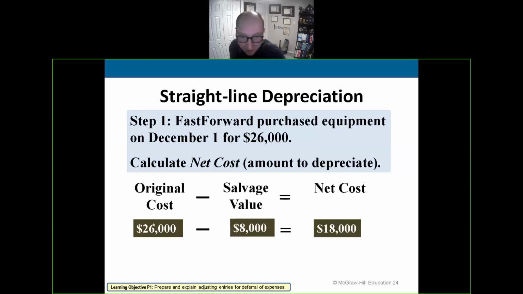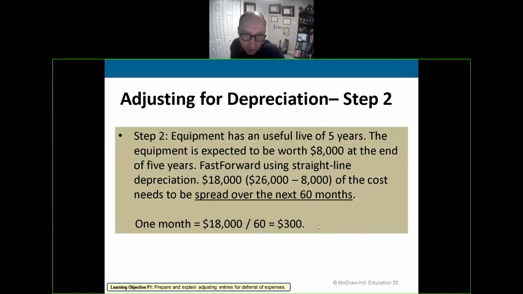So 26,000 original cost minus the salvage value of 8,000 gives you a net cost of 18,000. The 18,000 divided by the 60 months gives us $300 per month.